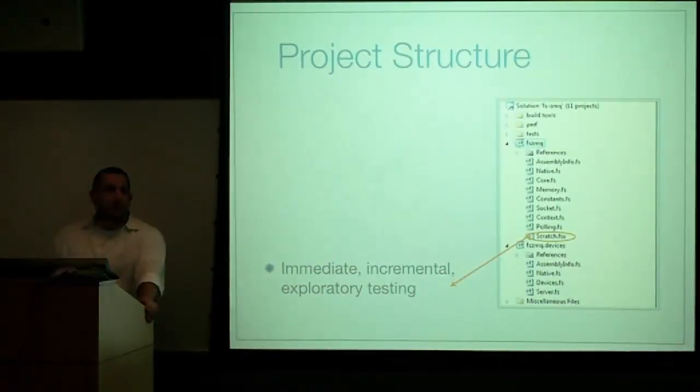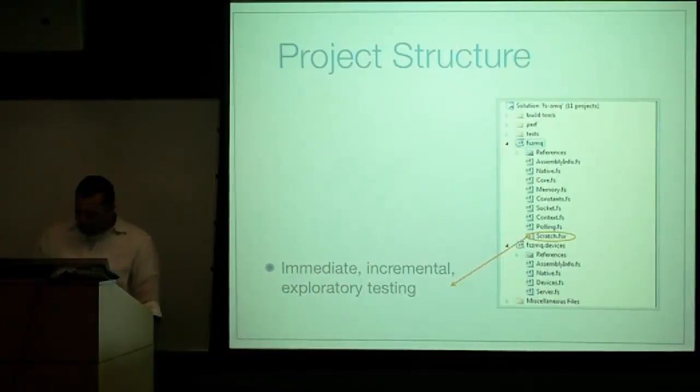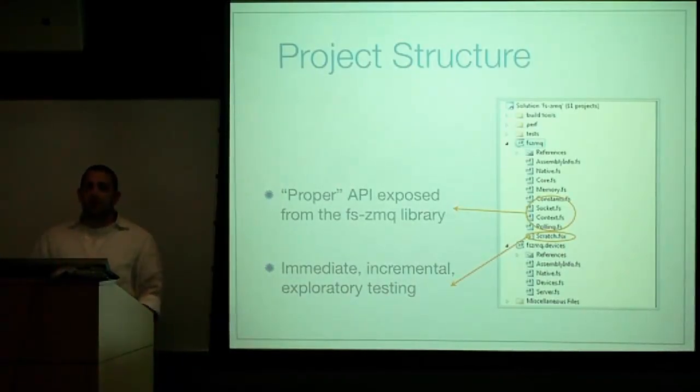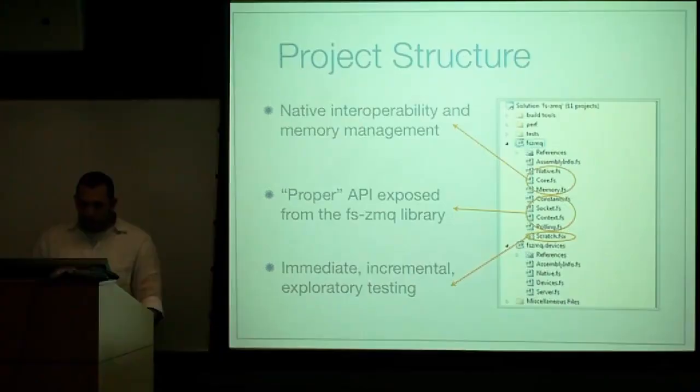And in the bottom of almost all of my F-sharp projects, there'll be 1 or 2 script files where I'm doing my intermediate incremental exploratory testing. You can then just work your way up through the files, and in the middle of my file trees is just about always where I've got my proper API, the things the rest of the world's going to see, where the meat of my code lives, and then usually up near the top of my trees there'll be a handful of files that are some basic housekeeping stuff.